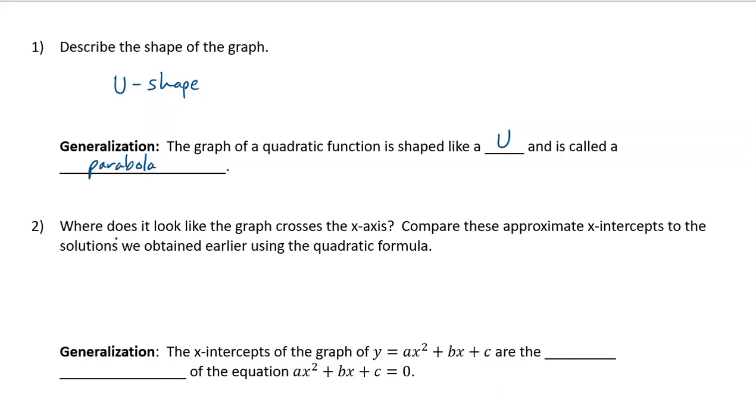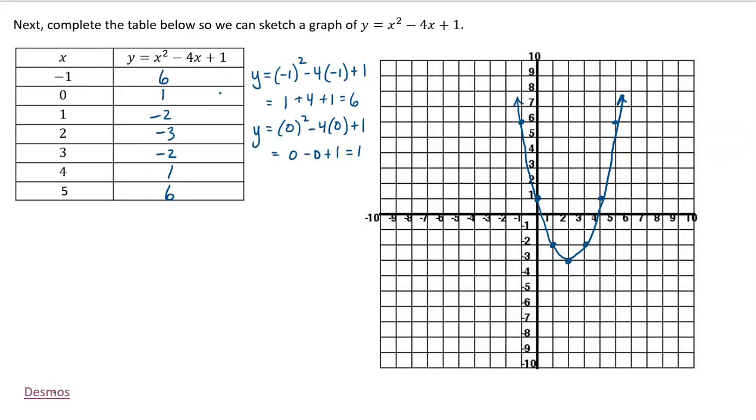And we'll flip back and look at it again to answer the next one. This question is, where does it look like the graph crosses the x-axis? And so if we flip back and look at our picture, we know that we aren't necessarily completely accurate here, but I think it's safe to say that on this left side, we're crossing the x-axis somewhere between 0 and 1.